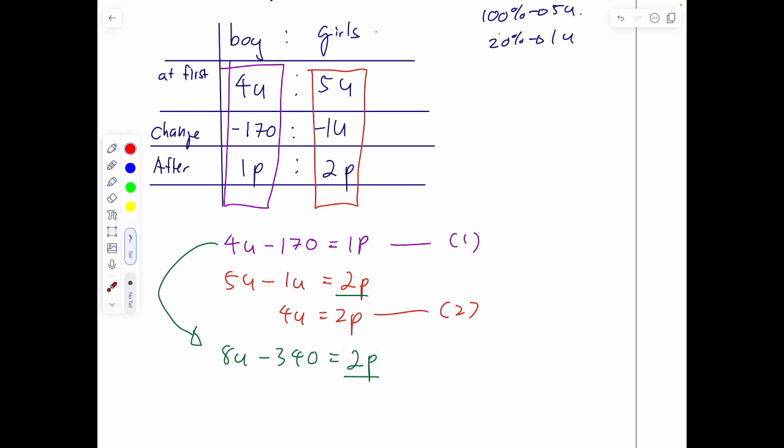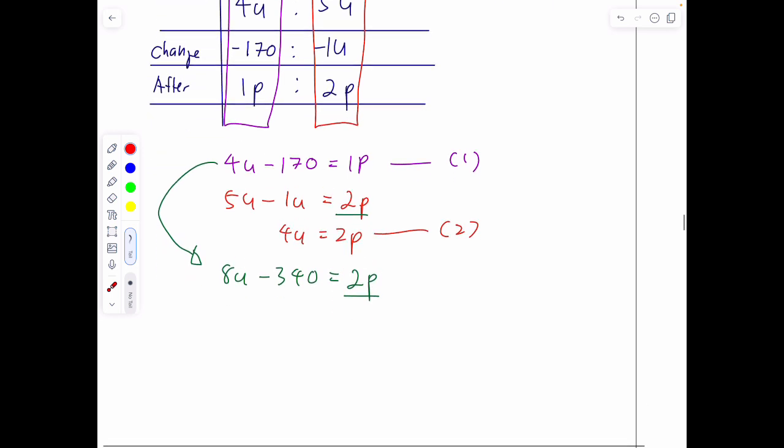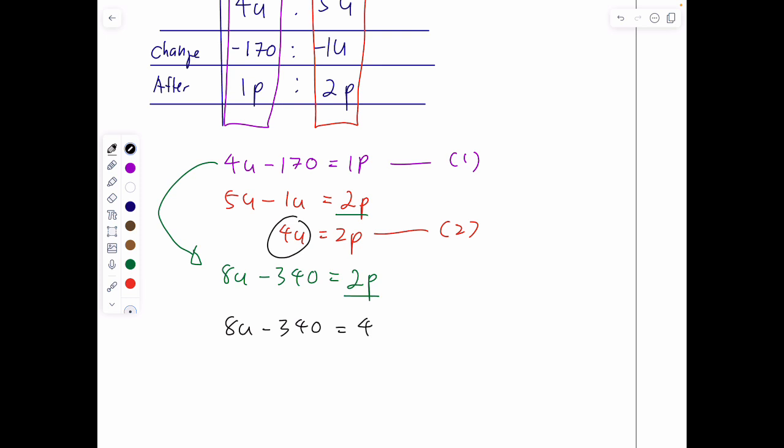Okay? So basically, instead of writing 2p, I can write 4u because they are the same. So if I'm going to rewrite a new one, it will be 8u minus 340 equals to 4u. So now I only have to deal with my units.